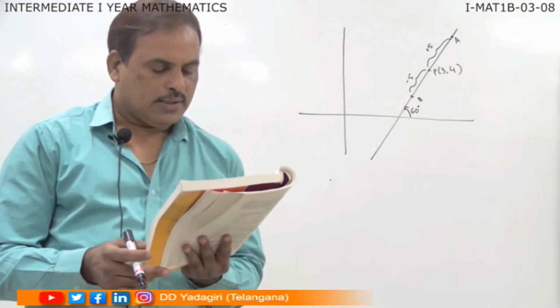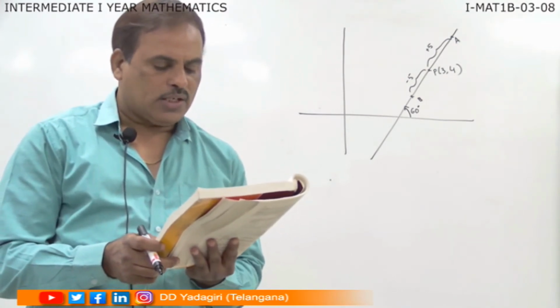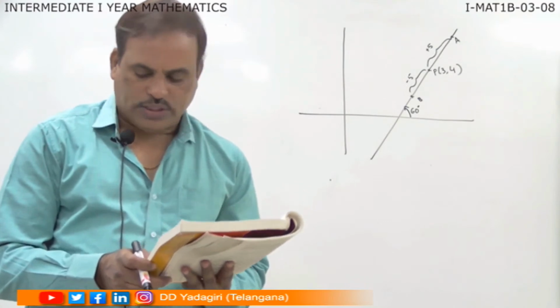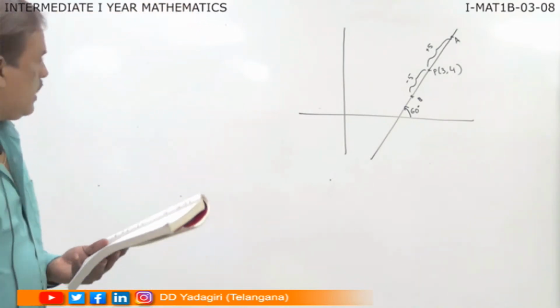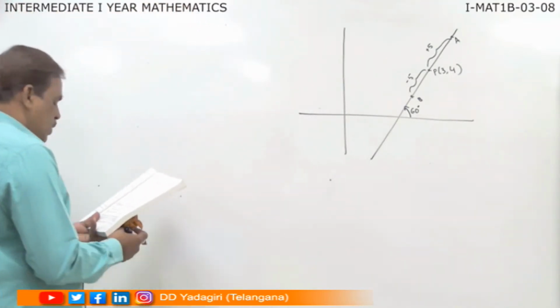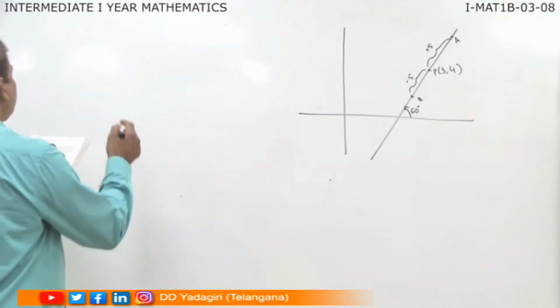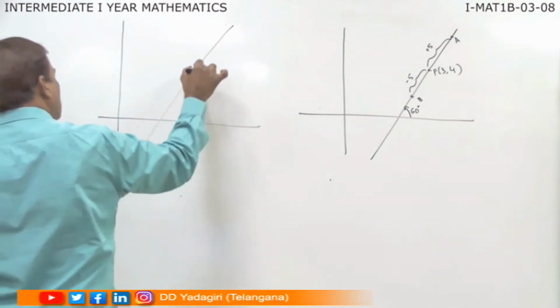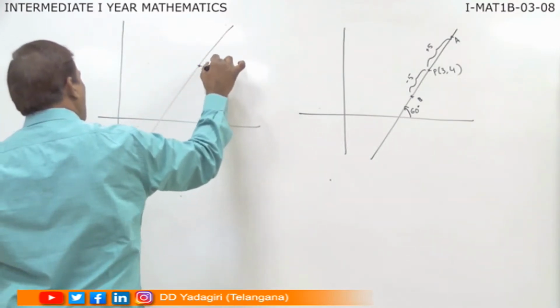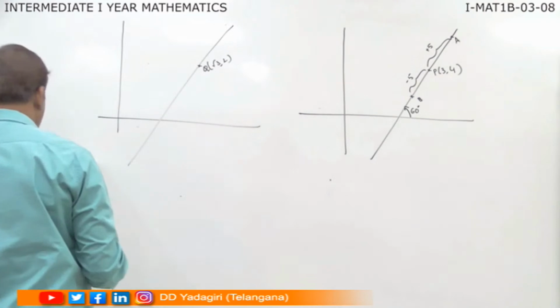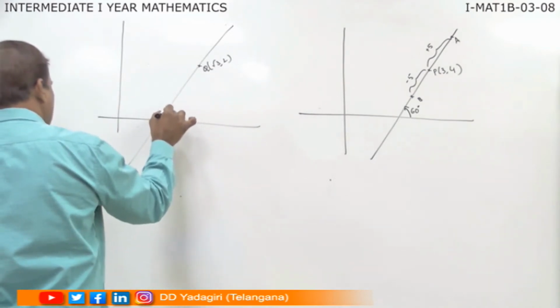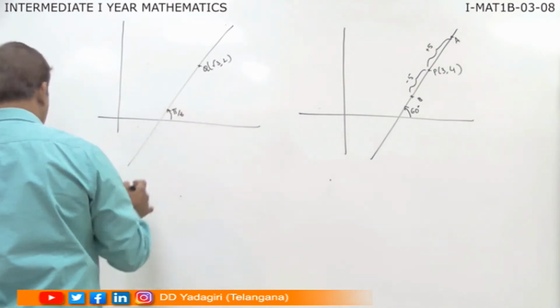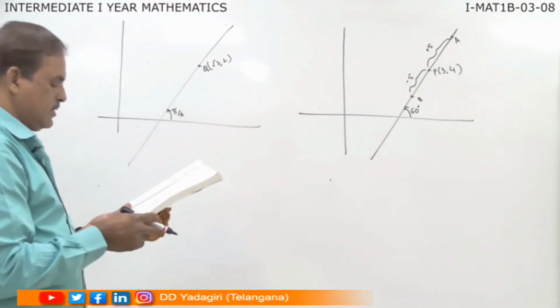Then coming to the third problem: a straight line through Q(root 3, 2) makes an angle pi by 6 with the positive direction of x-axis.